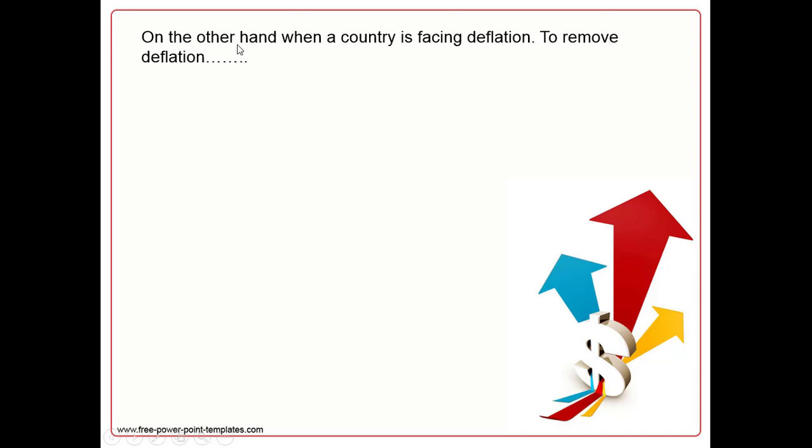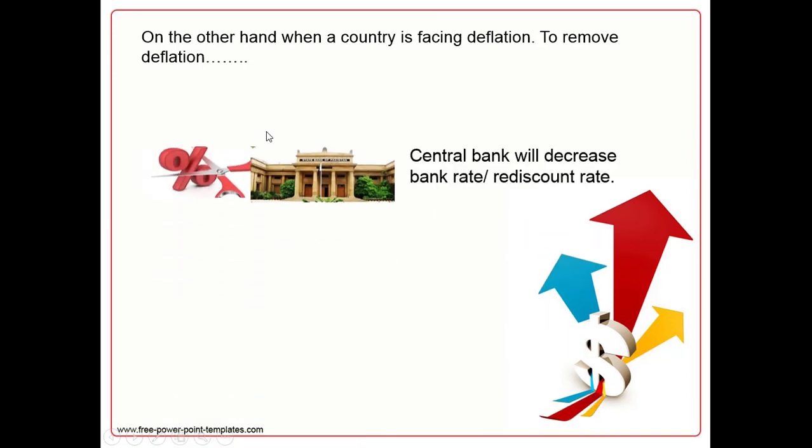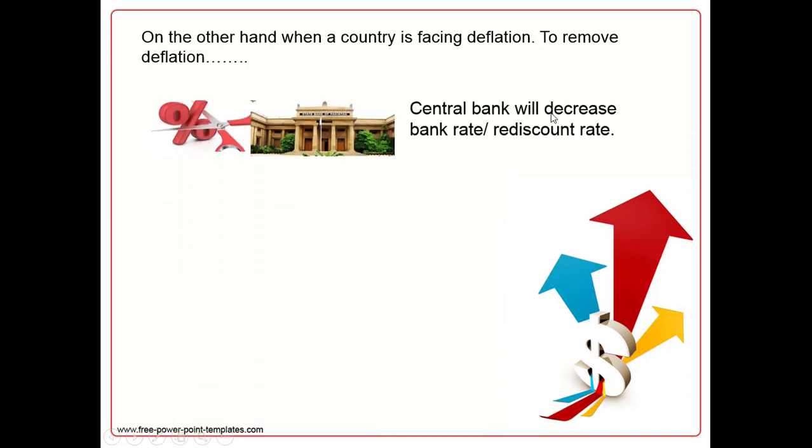On the other hand, when a country is facing deflation, a situation where prices are very low in the market, but because of unemployment there are no jobs and people face problems buying goods from the market, to remove this deflation, what strategy will the central bank adopt? The central bank will decrease the bank rate or rediscount rate.